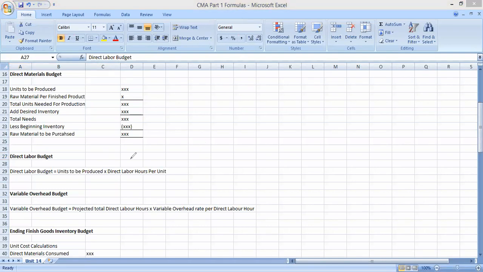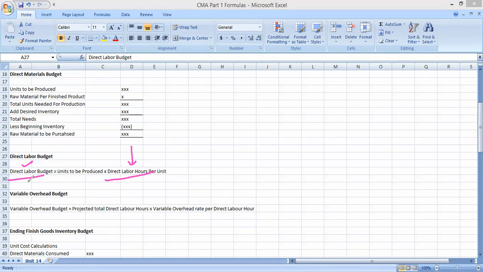He will give you the direct labor rate. Sorry, this is for the labor budget. We are just calculating how many hours we are going to spend when we produce. Based on this, you can calculate your direct labor cost budget as well.